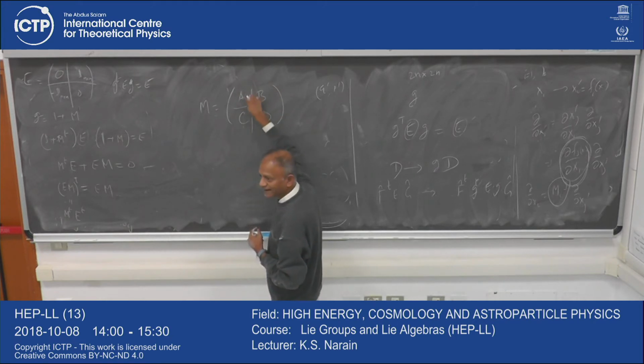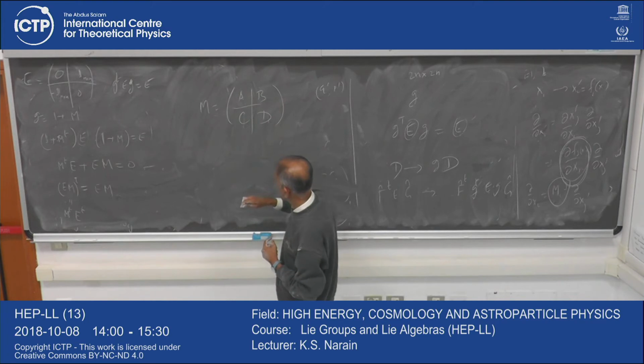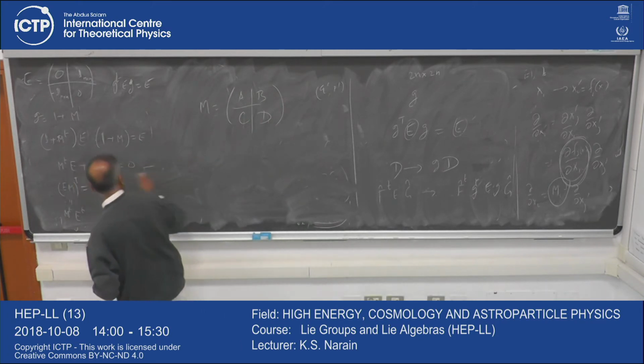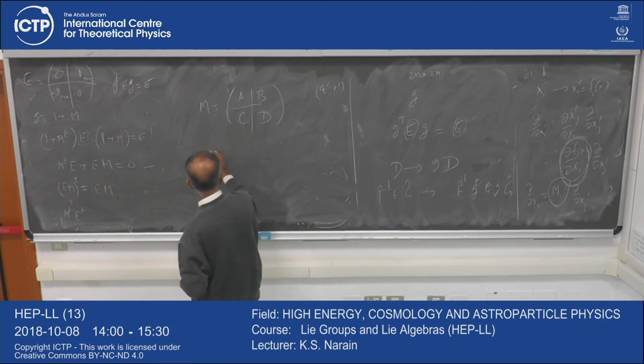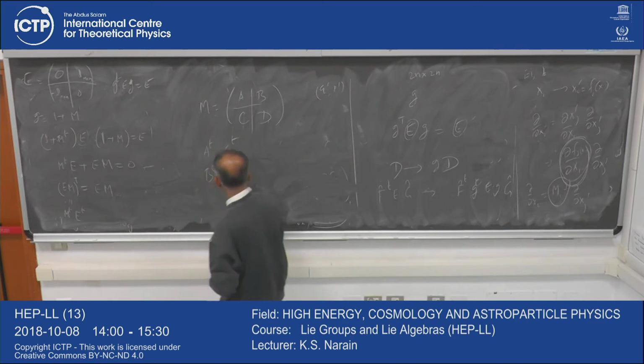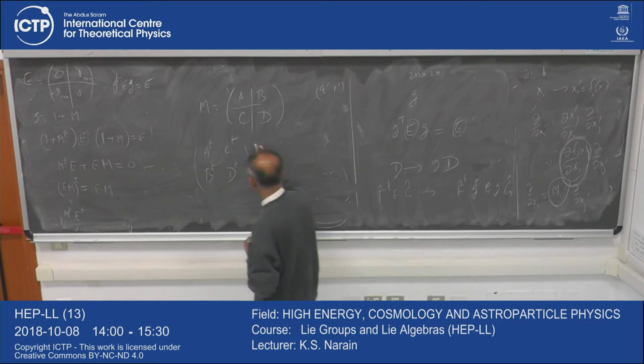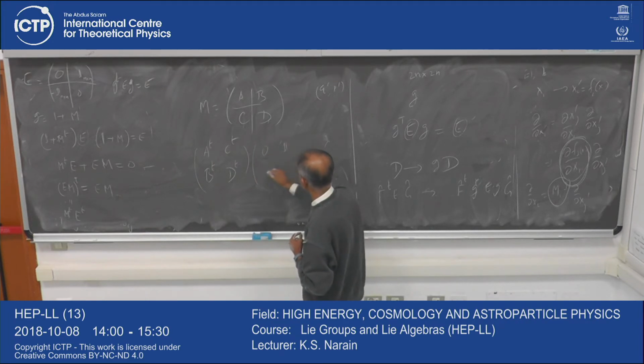So each of them is an n by n matrix. Then this equation becomes: M transpose becomes A transpose, C transpose, B transpose, D transpose, right? This is M transpose. And then E is 0, identity, minus identity, 0.